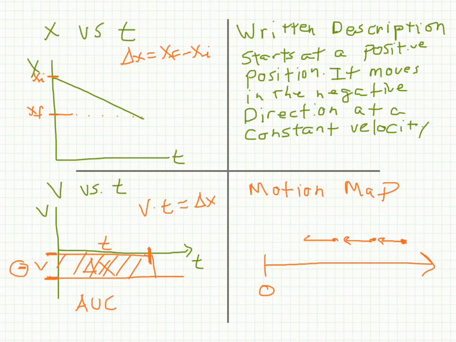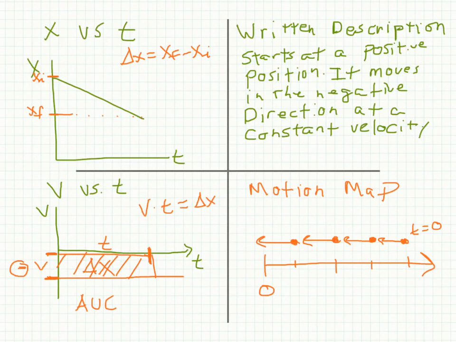You'll have to excuse that these may not be exactly the same length, but you get the idea that I keep putting dots, and the dots in this case represent every 1 second how far I've moved. So I've moved this far in 1 second, I've then moved this far in 1 second, and that far in the next second. And so here is t equals 0 because I started at some big positive position and I moved at a constant velocity in the negative direction, as indicated by the length of the arrows and the directions that the arrows point.